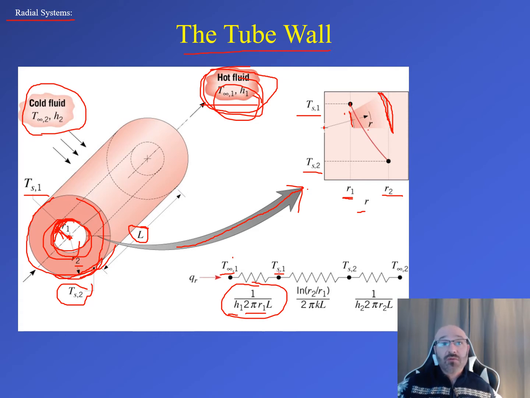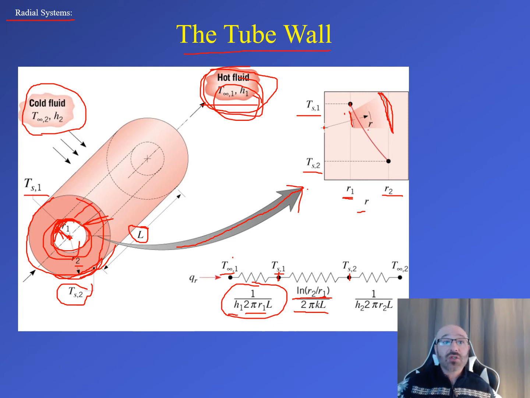Then if we go from TS1 to TS2, that's going through the thickness of the wall, so that's conduction. It has the relationship of the natural log of the ratio of R2 over R1, all divided by 2 pi KL. That's for the conduction occurring through the thickness of the wall.